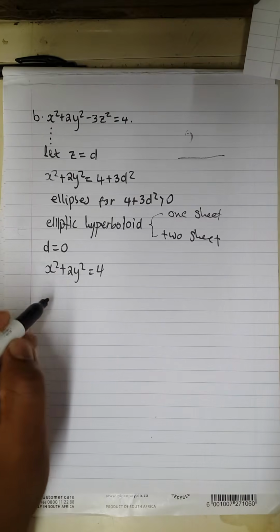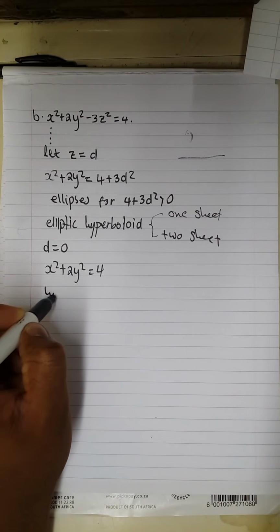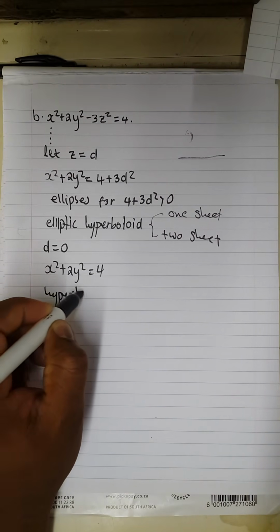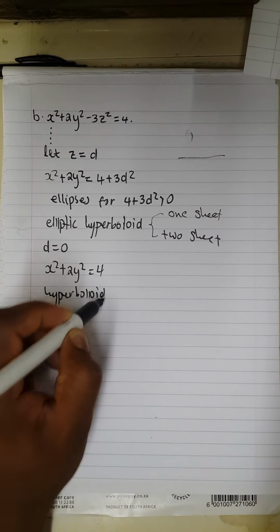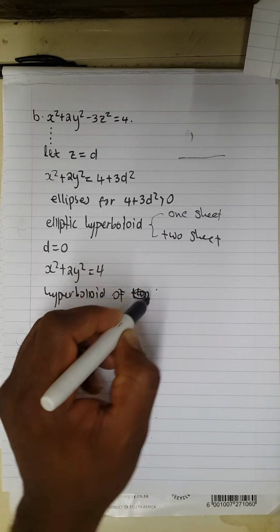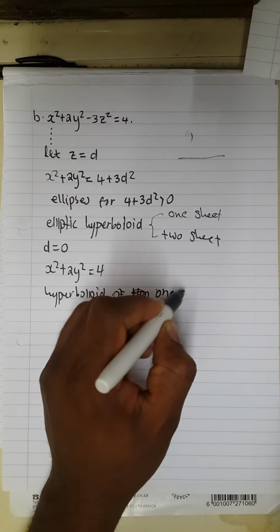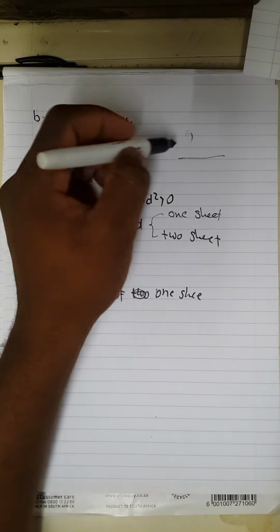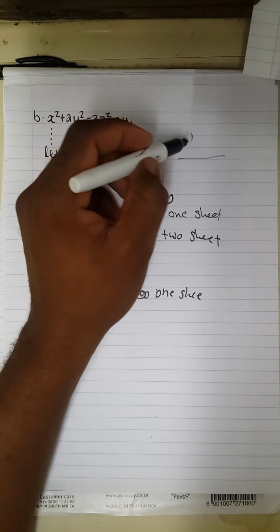So we say that this is a hyperboloid of one sheet.